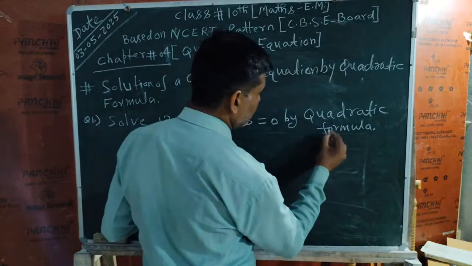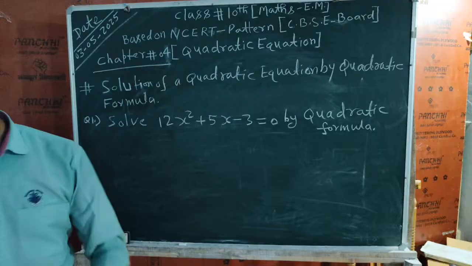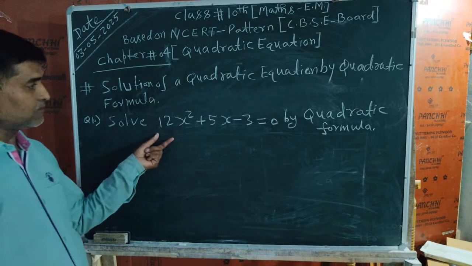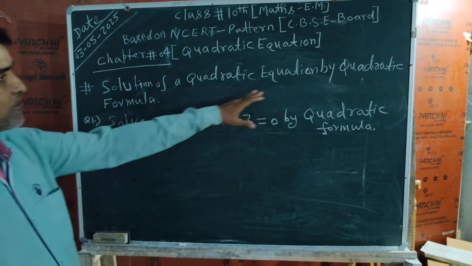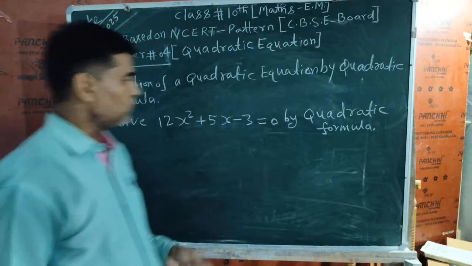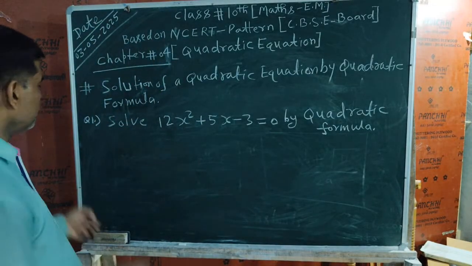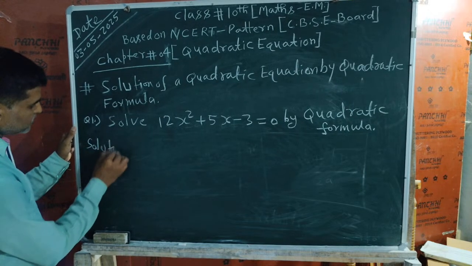So here I am going to solve this. Now this is the question which is given here. Now we have to use the solution of the quadratic equation by quadratic formula. So before I write the quadratic formula, here I will put solution.